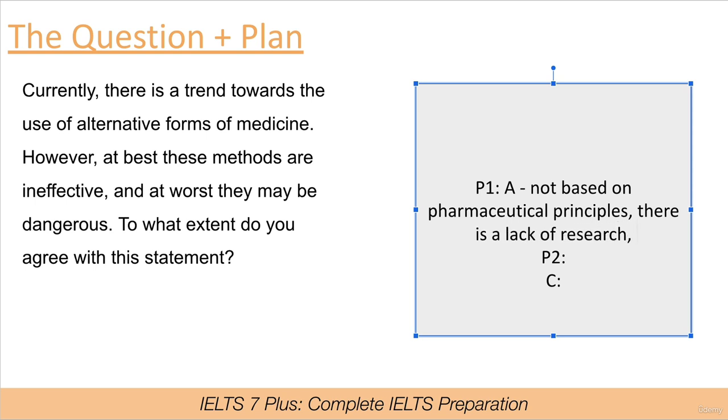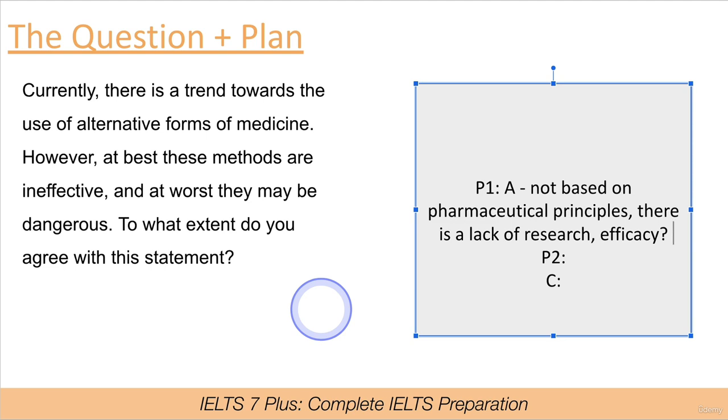There's not that many studies done, so we don't actually know the efficacy of this treatment, how effective it is, and this can lead to potentially grave situations. For example, patients might be treated for certain diseases or illnesses, and this alternative method might not be successful, leading to perhaps unfortunate circumstances. So we can use that example there.